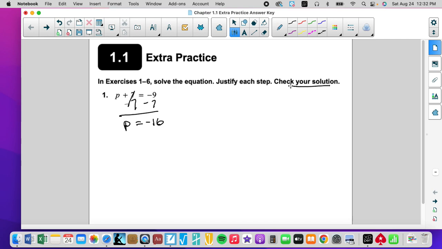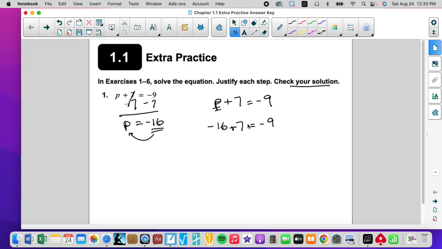It says to check your solution. That means we take the original equation and we're going to plug in this solution for the variable P. So where we see P, we're going to put negative 16 plus 7 equals negative 9, and we're going to simplify this left side.